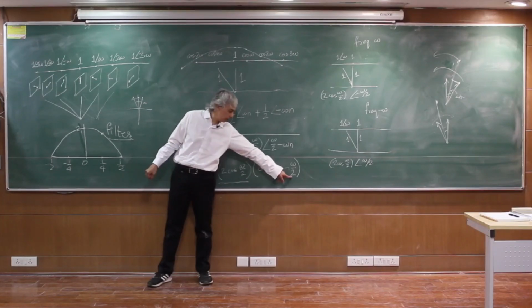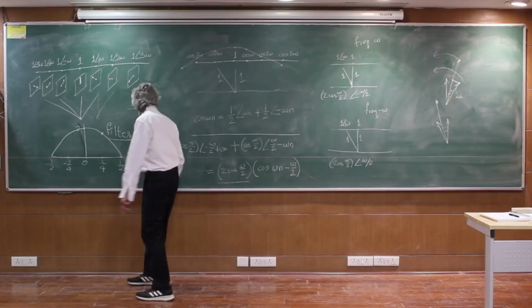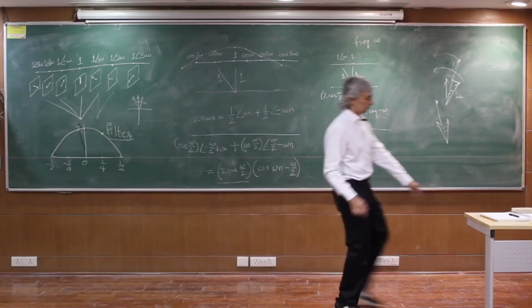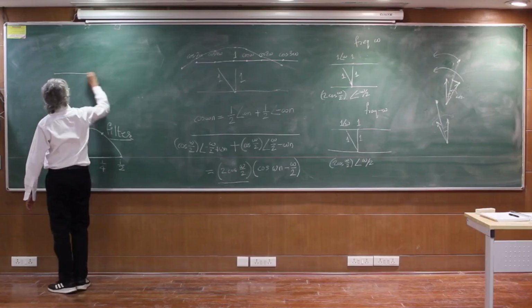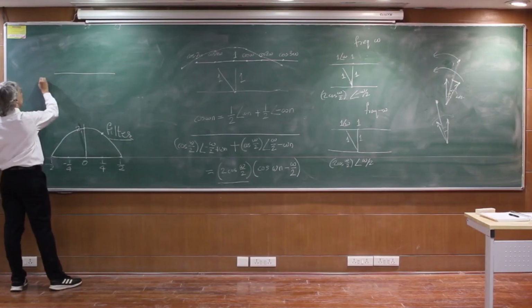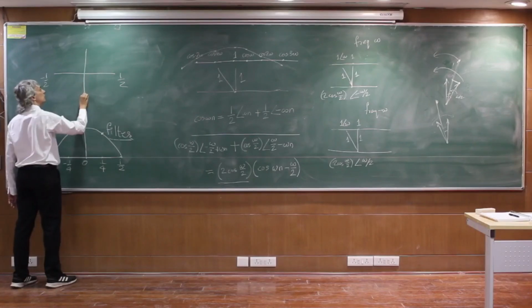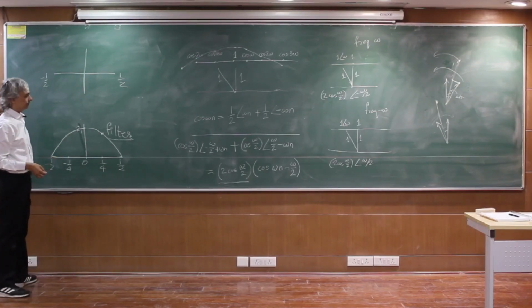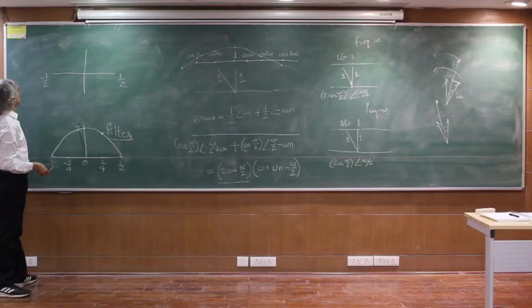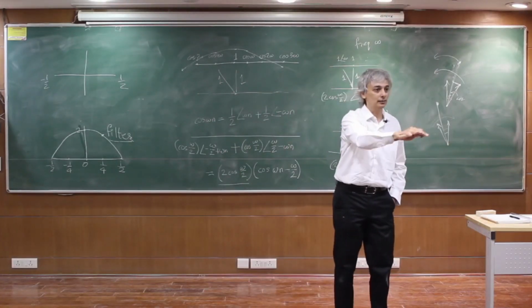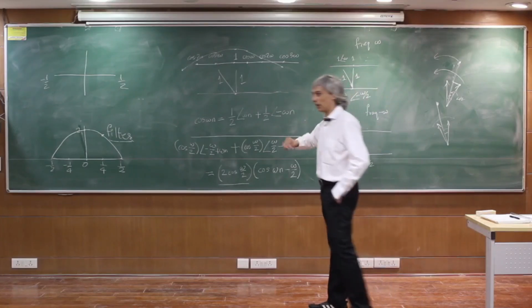And the phase plot here will be what? It will just be, as you go from minus half to half, what happens? Wait, let him first. No, because it's an important point to understand.